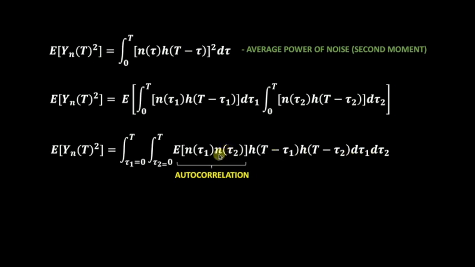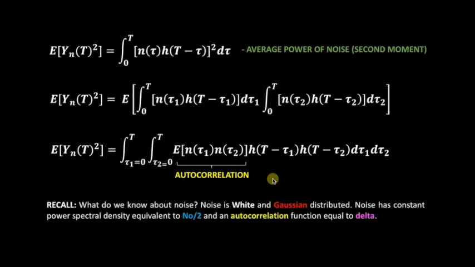As you can remember, if you are going to determine the changes that are happening within your signal, or you're going to correlate your signal with itself, then we're going to have here an autocorrelation. So this expectation of n of tau 1, n of tau 2 simply represents the autocorrelation of your given noise. So we have to recall, what do we know about noise?